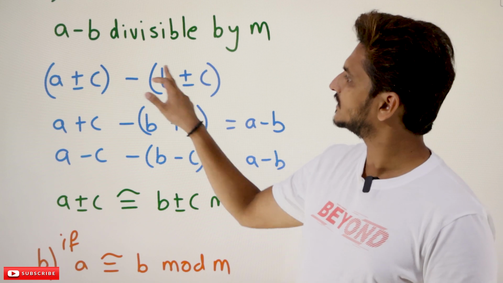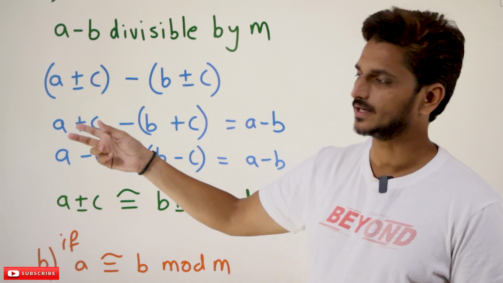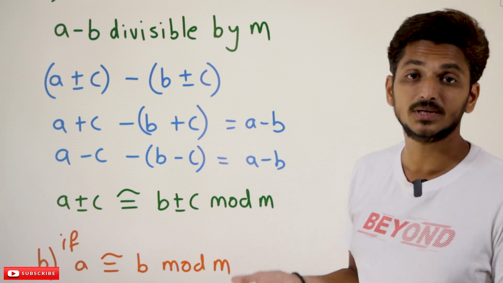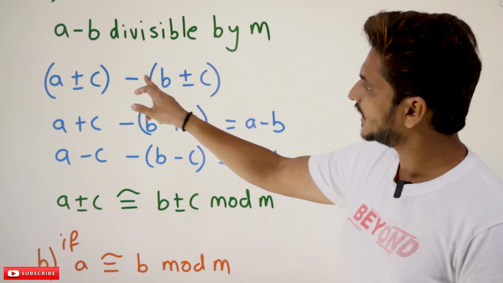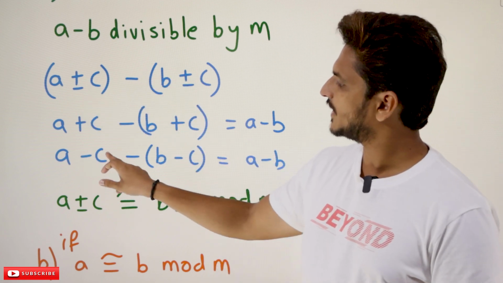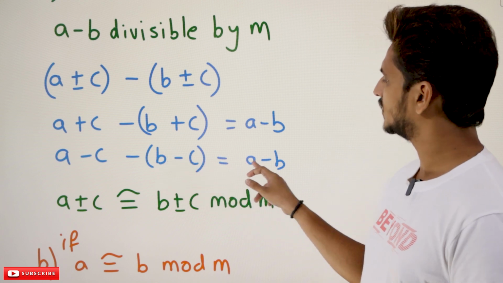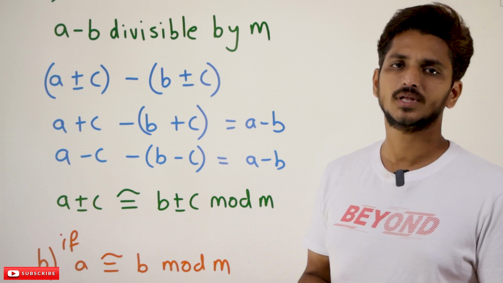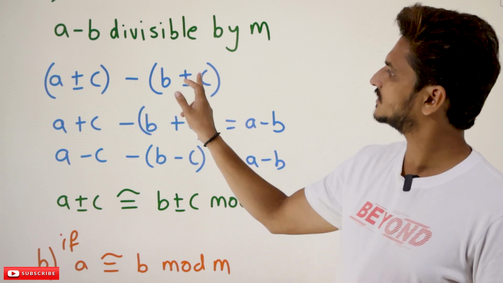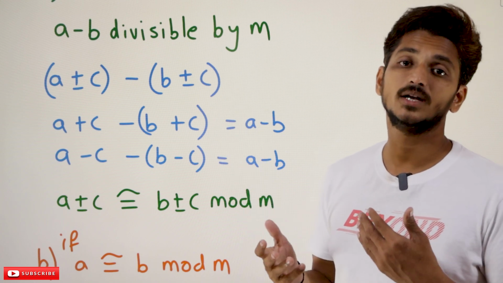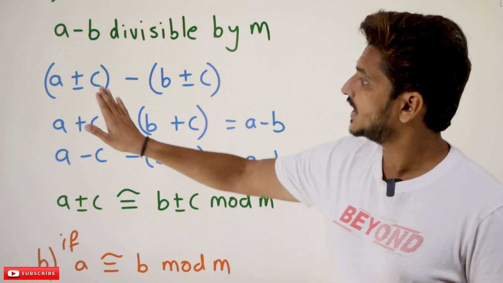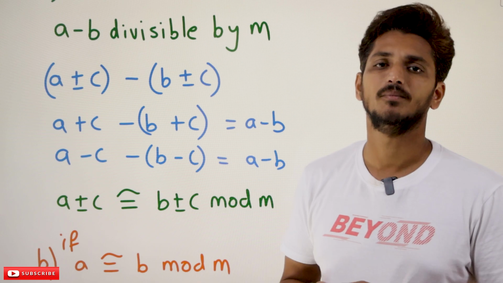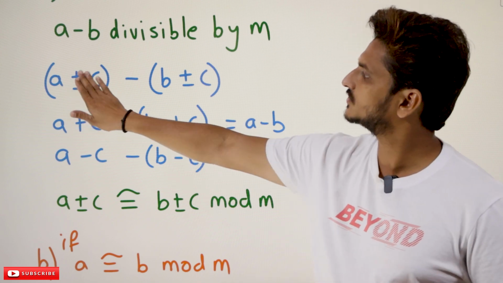Now if you take plus in both the places, A plus C minus B plus C, you are going to get A minus B. A minus B is divisible by M. Similarly, if you take minus, A minus C minus B minus C, you are going to get A minus B. So A minus B is divisible by M. That's why you take any operation, plus or minus, you are going to get a number that is divisible by M. That's why A plus or minus C minus B plus or minus C is going to be divisible by M. Means this is congruent to this.